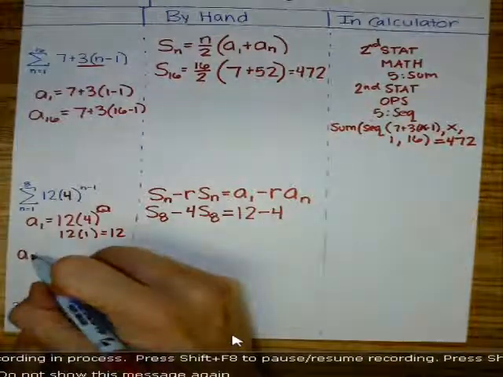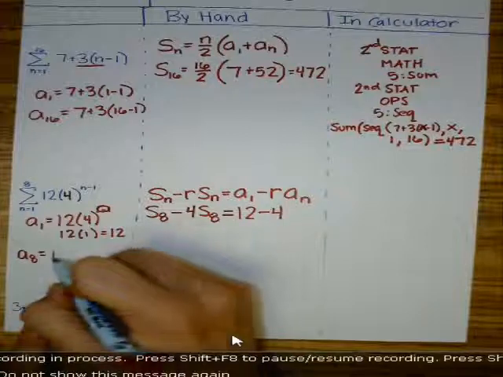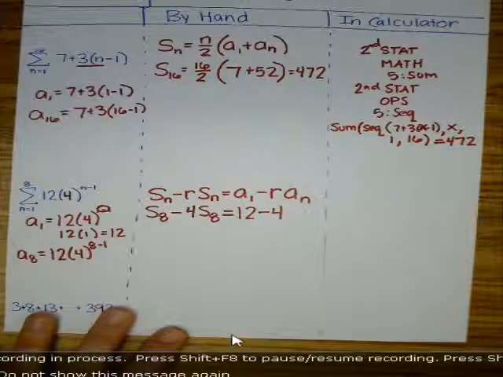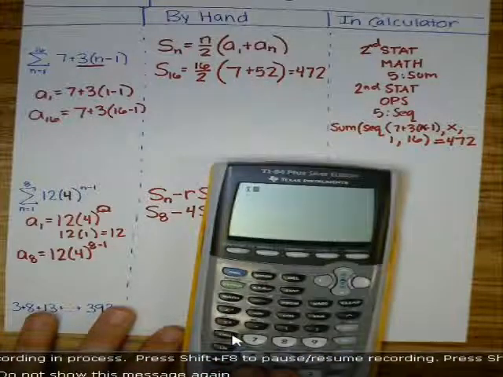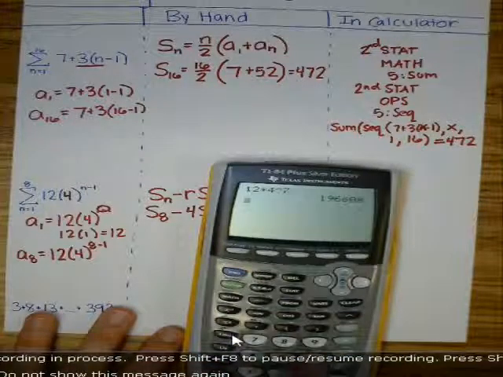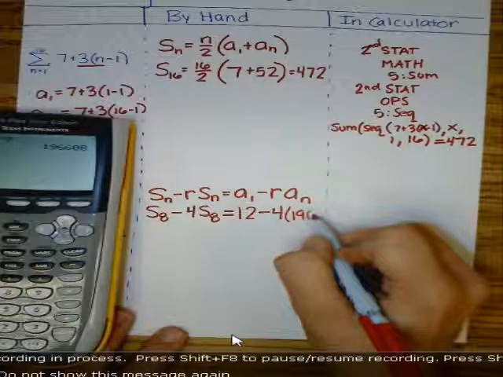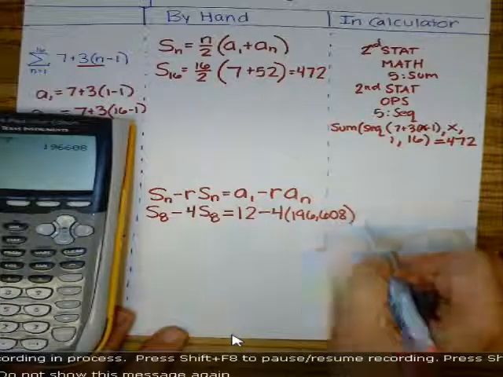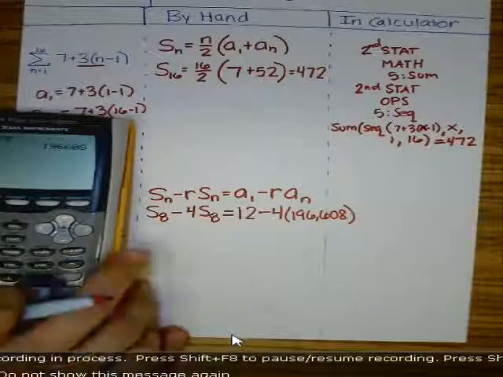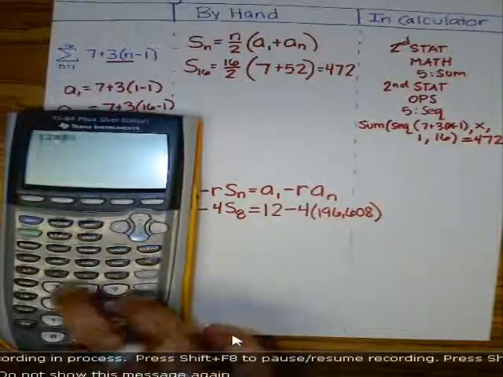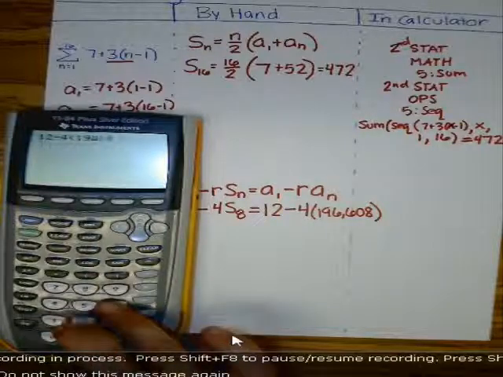And then my last term, 8th term, is 12 times 4 to the power of 8 minus 1. 12 times 4 to the power of 7 is that big number, 196,608. Now it's a matter of just crunching the numbers. 12 minus 4 times 196,608.